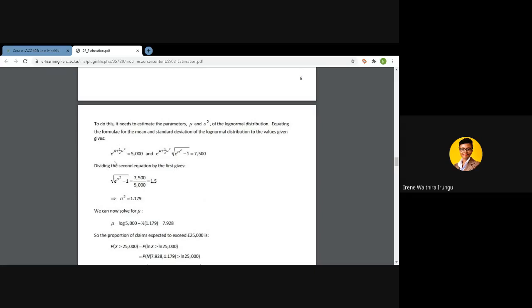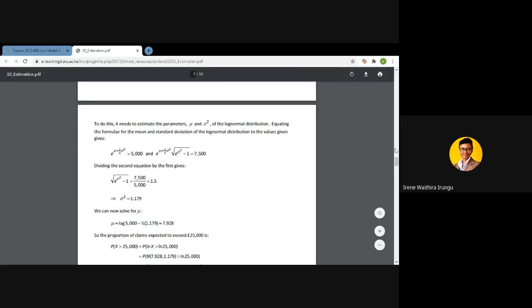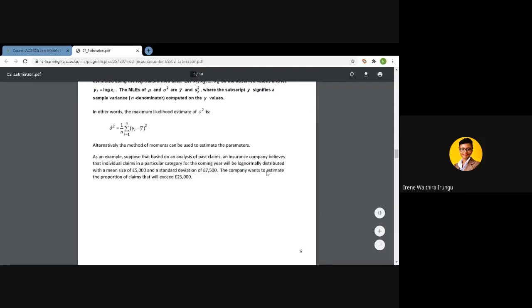So if you take the ln of this, you'll have mu plus a half of sigma squared being equal to the natural log of 5,000. And in making mu the subject, you are solving for mu using our equation here, which once you substitute for sigma squared gives you the value of 7.928.